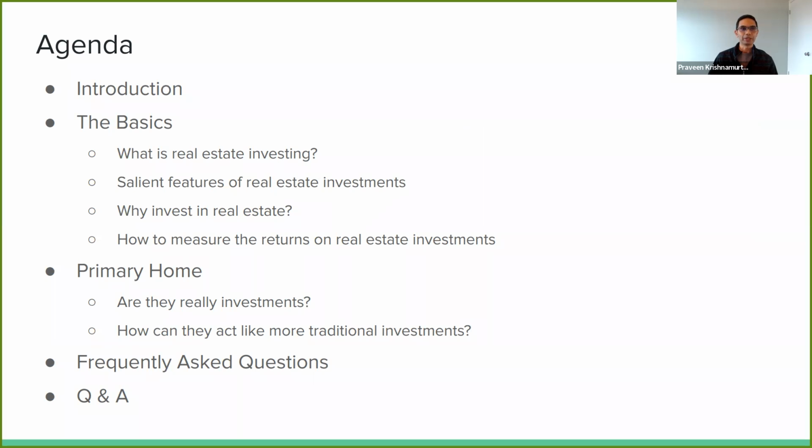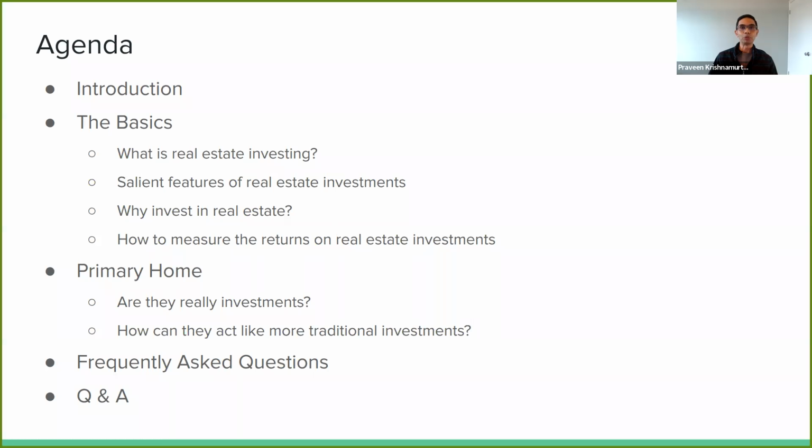The agenda for today: we will start off with an introduction. We'll go over the basics of real estate investing, what exactly it is, what the salient features are, and how you measure the returns on real estate investments. Then we'll look at the primary home and vacation homes, because that's what most of us are familiar with.